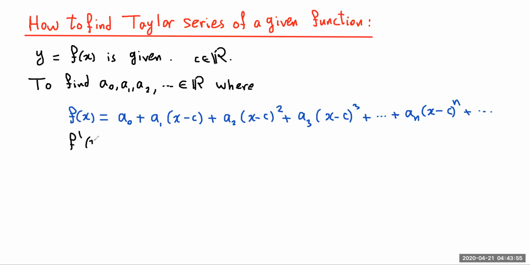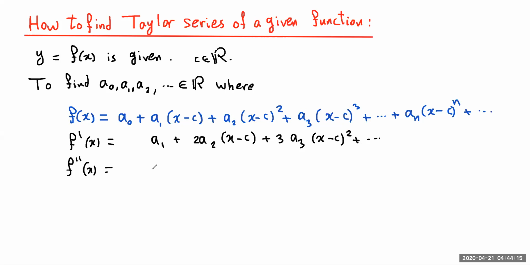F derivative of x is a1 plus 2a2(x minus c) plus 3a3(x minus c) power 2 plus etc. So if we calculate f second derivative of x, it's 2a2 plus 6a3(x minus c) plus etc.